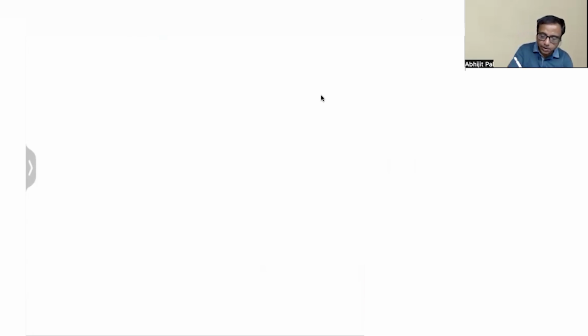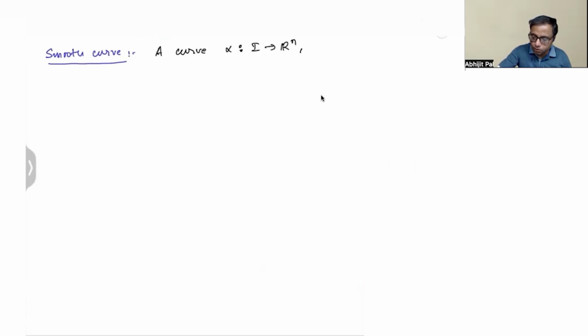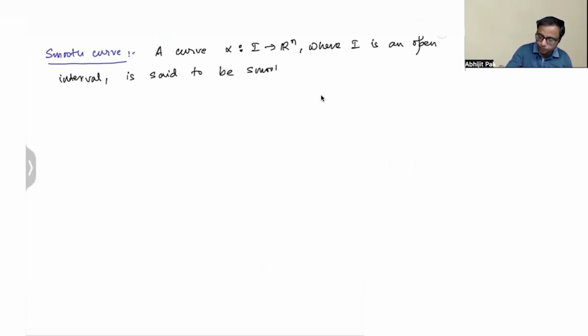All right, so first let me define what you mean by a smooth curve. A curve alpha from I to Rn, where I is an open interval, is said to be smooth if the derivative of alpha with respect to any point of I exists up to a desired number of times.